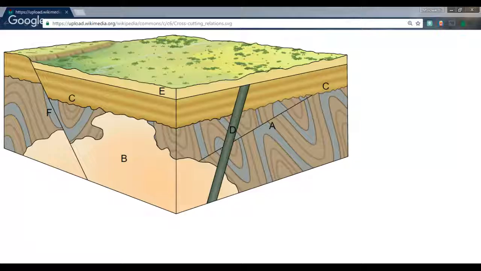Basically, this principle states that the igneous rock is younger than any strata that it cuts across. So as you can see, D, which was some kind of thermal vent or pocket, cross-cuts through especially C and a number of the older strata. So it would be younger than C because it cross-cuts it.